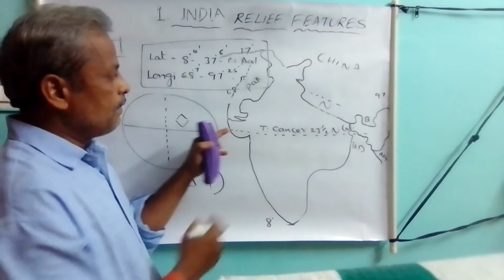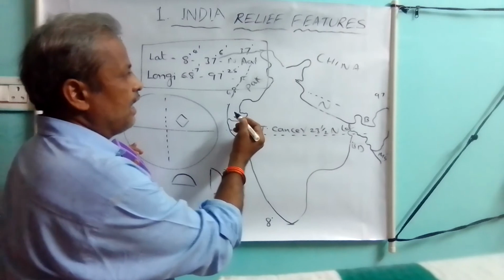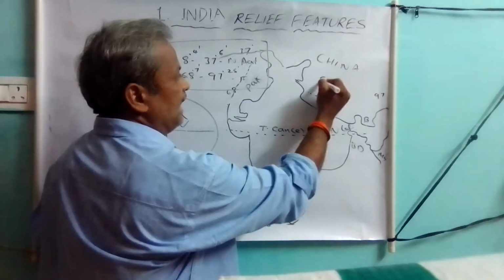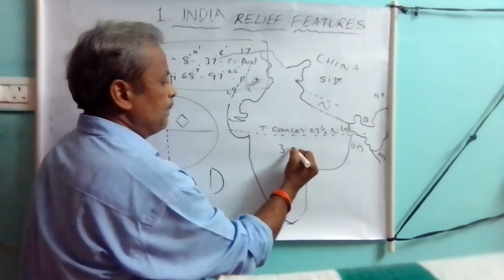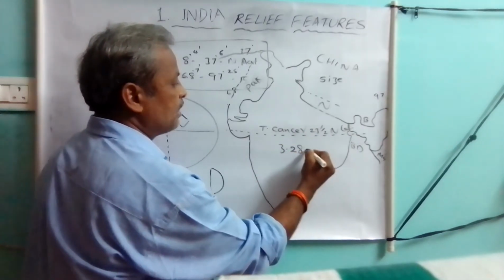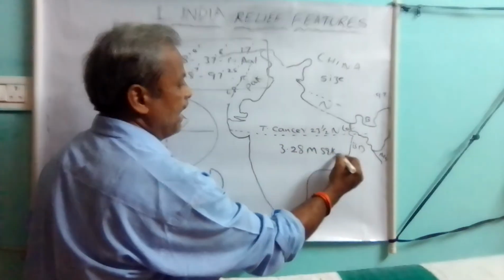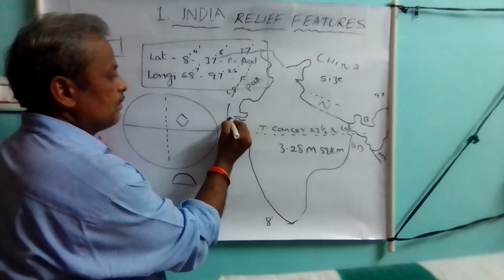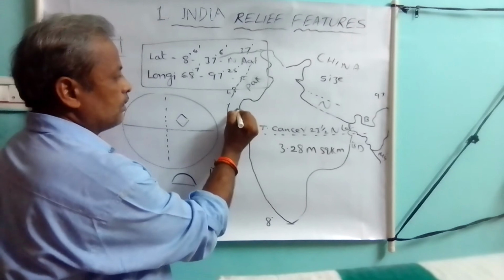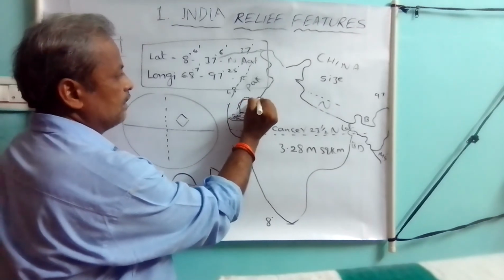And we have to see what the size of our India is. In size, India comprises 3.28 million square kilometers, and it has the land frontier. Are you observing?